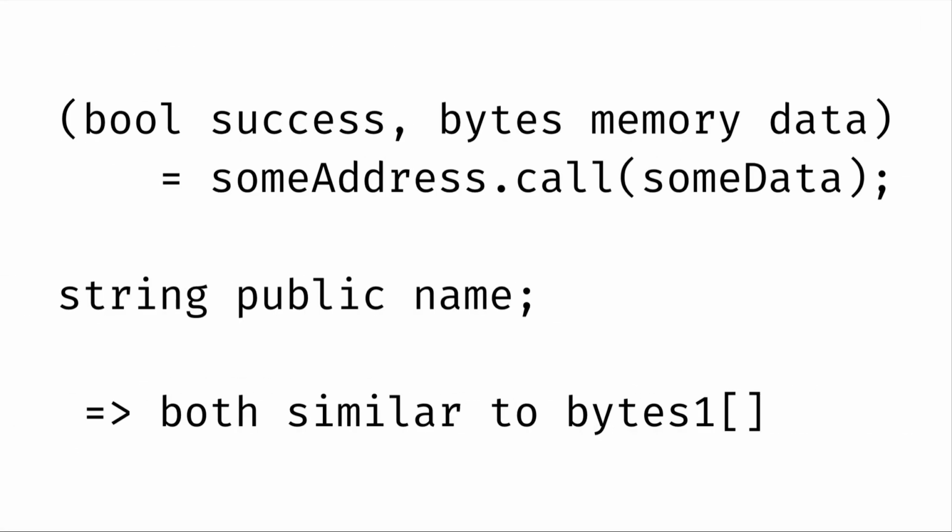And we've actually used arrays before because we've used the special bytes and string types, which are actually just arrays. The bytes type is similar to a bytes1 array, but it's just more gas efficient. And string is just like bytes, but it does not allow for the length or index access.